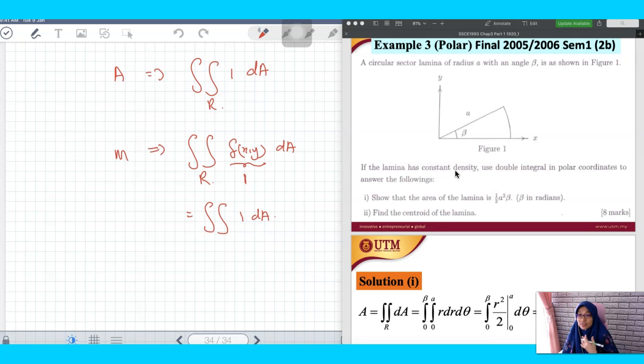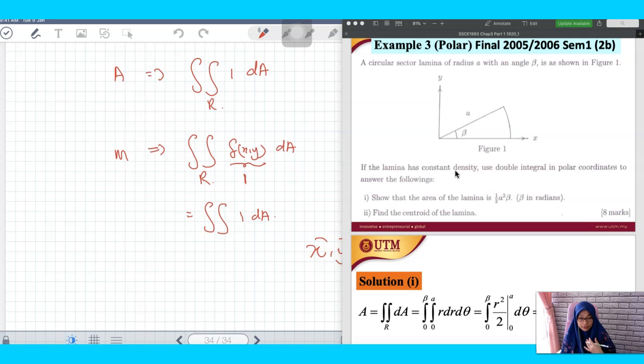So how do we have a centroid? It is actually the center of mass when the density is constant. Meaning the center of mass, the center of gravity, with x bar and y bar, is called the centroid when the density is equal to 1.